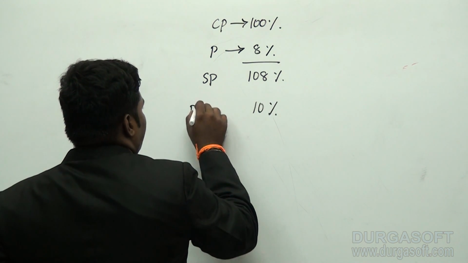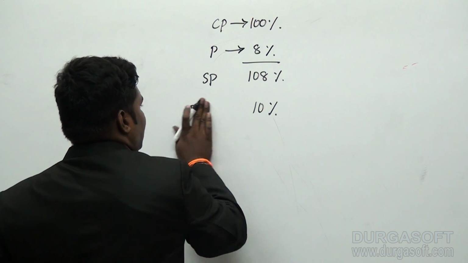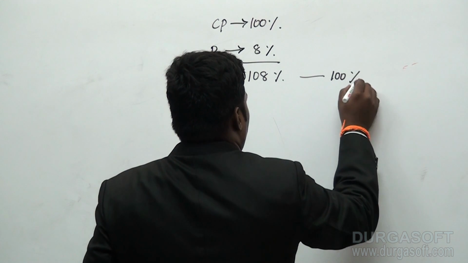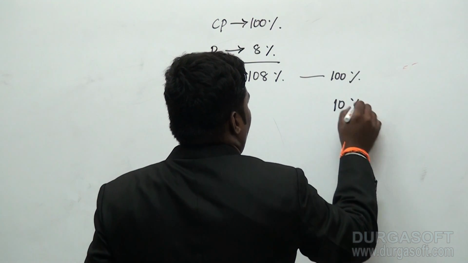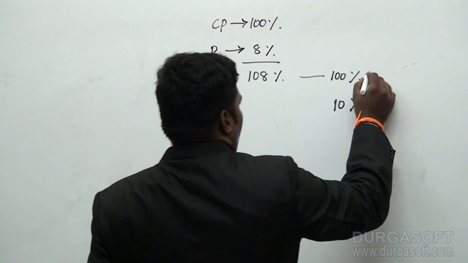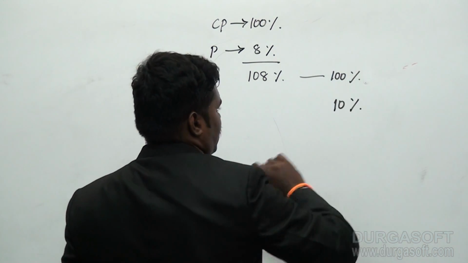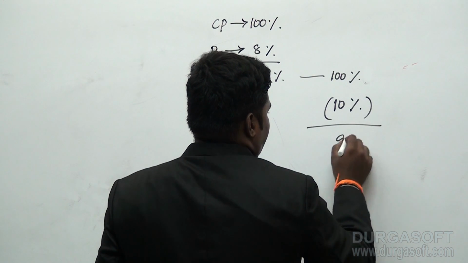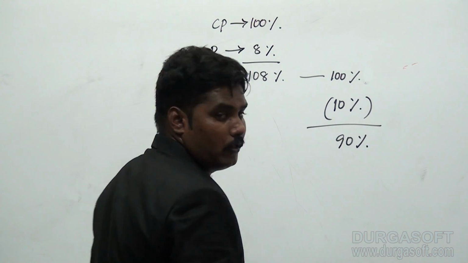Suppose, let us assume this is 100. If he gives 10% discount, 100% is the selling price. Now if he allows the discount, this is 90% of the value.